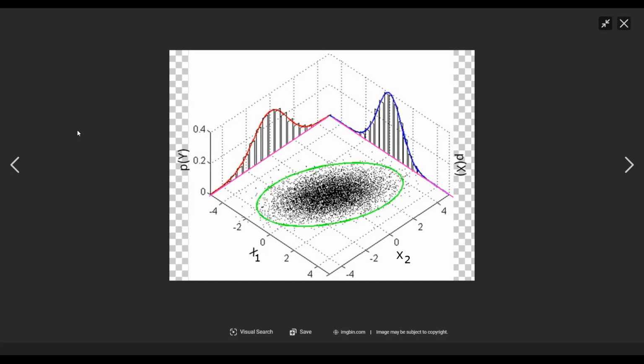Now, we're then going a step further, and we're looking at these two predictor variables at the same time. And that would be the scatter plot over here. And we're going to get a surface.